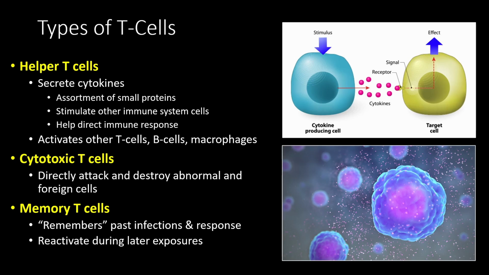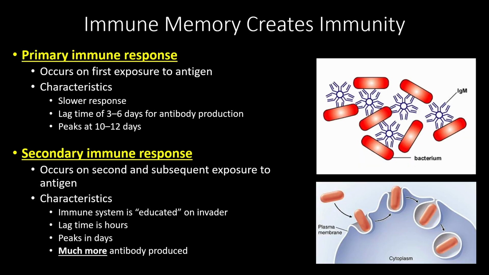They remember past infections and our responses to them. And so, likewise, if we ever re-encounter the pathogen that attacked us, we can reactivate these memory T's and memory B's and have effectively a much faster response than we did the first time. And to that end, we have two major differences in the responses that we have to infection, okay?